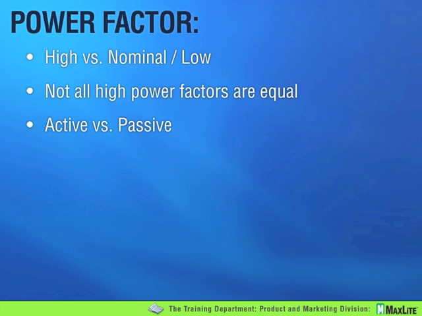Many of you have heard of power factor because there have been a lot of rebates and initiatives for high power factor products, including lighting, that have gone in and out of popularity through the years. The reason that the power company wants you to have high power factor products and appliances is because it costs them less to provide you with the power when it is a perfect or a high power factor than when it is a nominal or a low power factor.